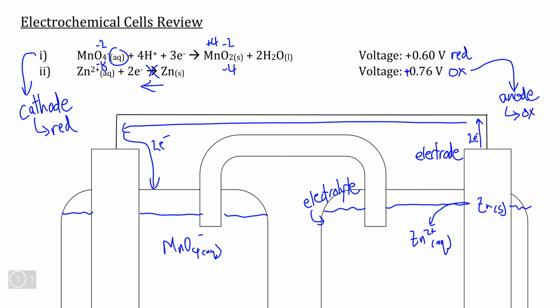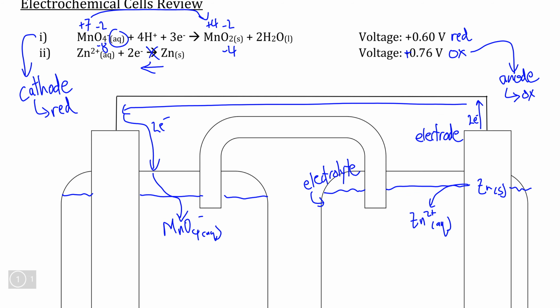Negative 2 times 4 is negative 8, and negative 8 plus X is equal to negative 1. So X, our oxidation number of manganese, would be positive 7. So we can see, because of the decrease in oxidation number, that the permanganate ion is going to gain the electrons from the anode reaction, and when it undergoes the reduction reaction, it is converted into the solid form, which is manganese 4 oxide.